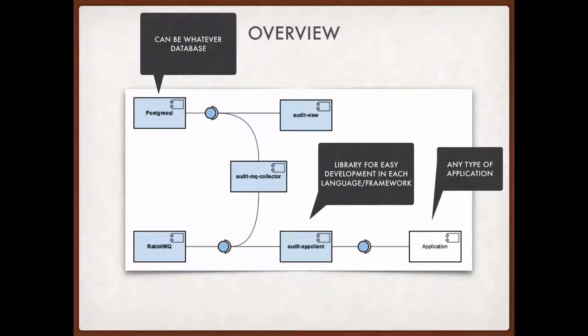And the audit MQ collector's only job is to get things from the queue and save them in permanent storage. In this case it is PostgreSQL, but you can change the collector or expand it to save on any kind of database. You can use a NoSQL database or whatever you want here. And the audit view is just a simple web application to see the events generated and saved on PostgreSQL.